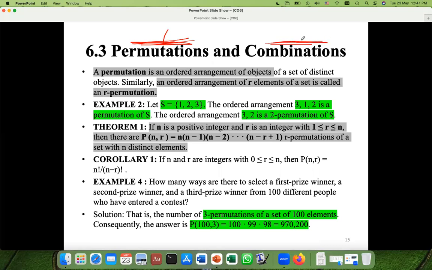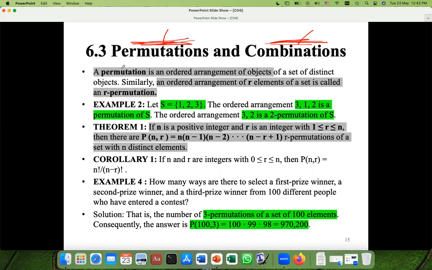In combinations, the order of the terms or elements is not important. This is the difference. Otherwise, they are just like a list or a set having elements in it.